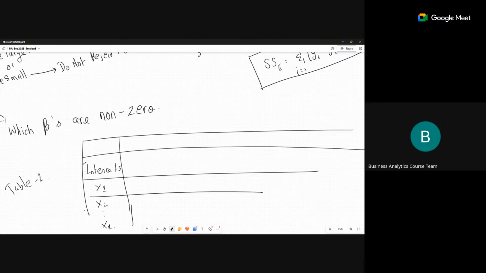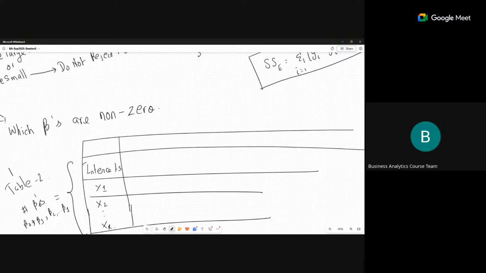So the total count here will be equal to the number of betas: beta 0, beta 1, beta 2 up to beta k. The total number of betas in your model will be the number of rows in this table. So if you have 100 x's in your model, 101 rows will get populated in this table.